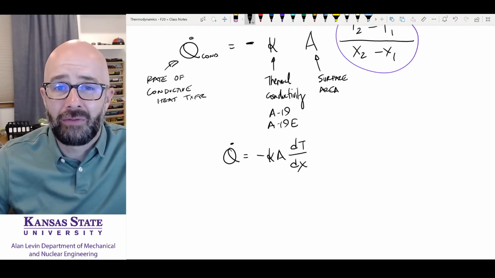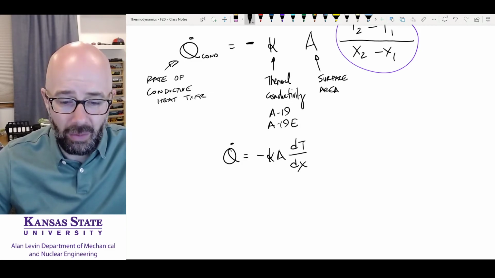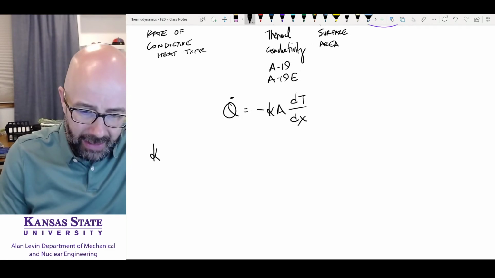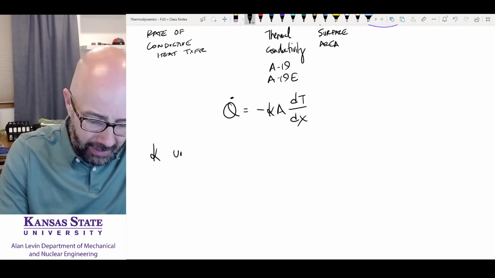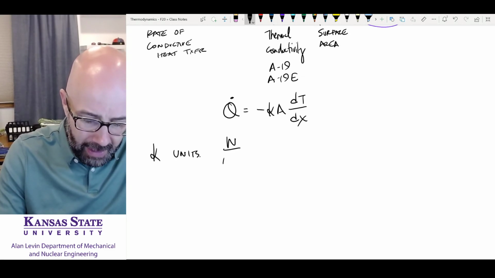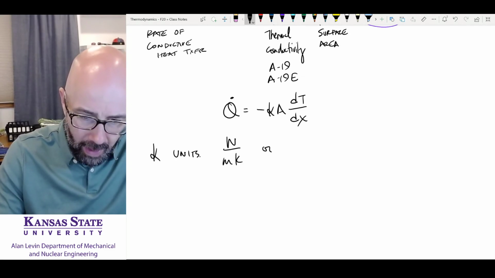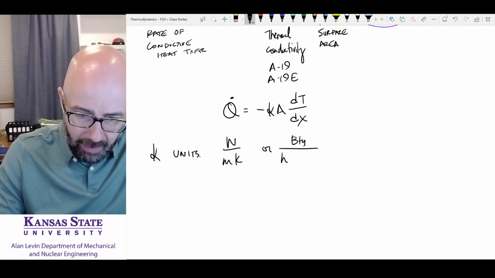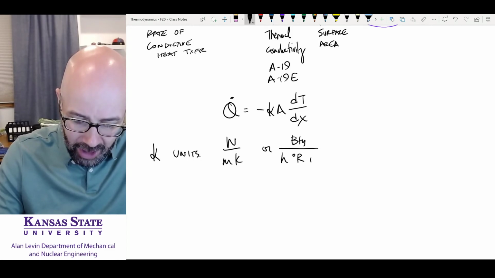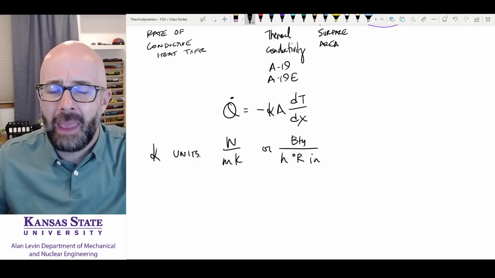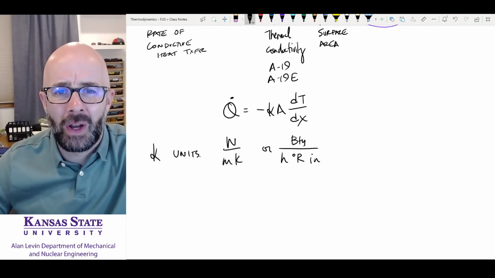Now we have to plug and chug through this and figure out where it goes. The thermal conductivity has units of watts per meter Kelvin, or BTUs per hour per degree R per inch. This is confusing, and there are lots of things going on here.